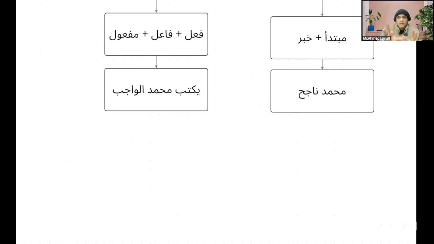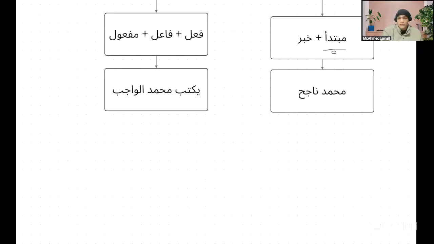So, for example, should I say here Muhammadun najih or Muhammadan or Muhammadin? Which one? This is what we will know right now, inshallah. First of all, for the mubtada, you always have it as marfu'. And when I say marfu', guys, this means it has dhamma.